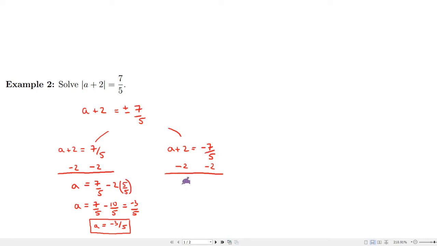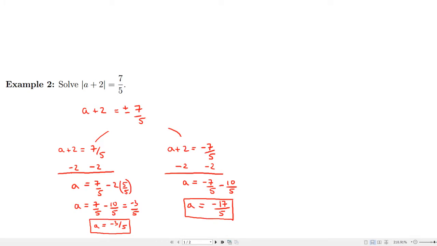So subtracting the 2 now. So minus 7 over 5, and if I subtract 2, I'm going to be subtracting 10 over 5, right? Finding the common denominator the same way. So a would be minus 17 over 5. And that will be the other solution.